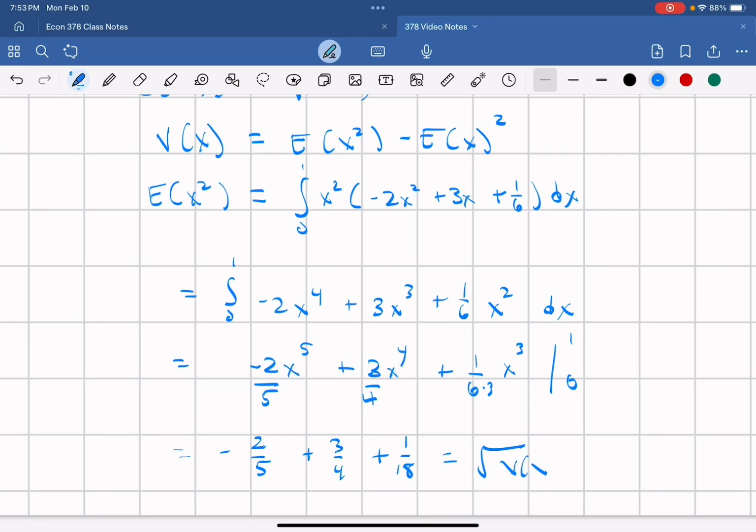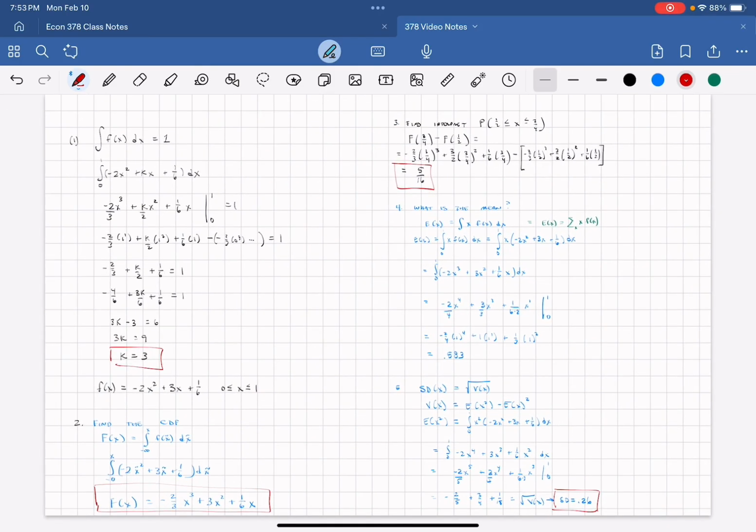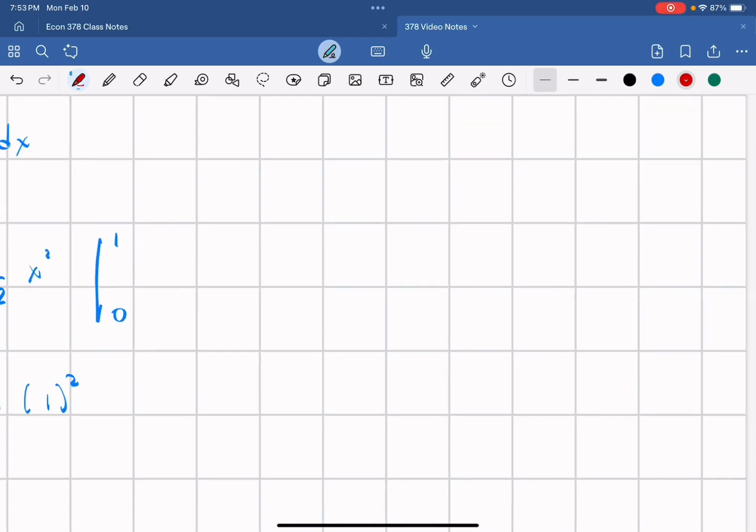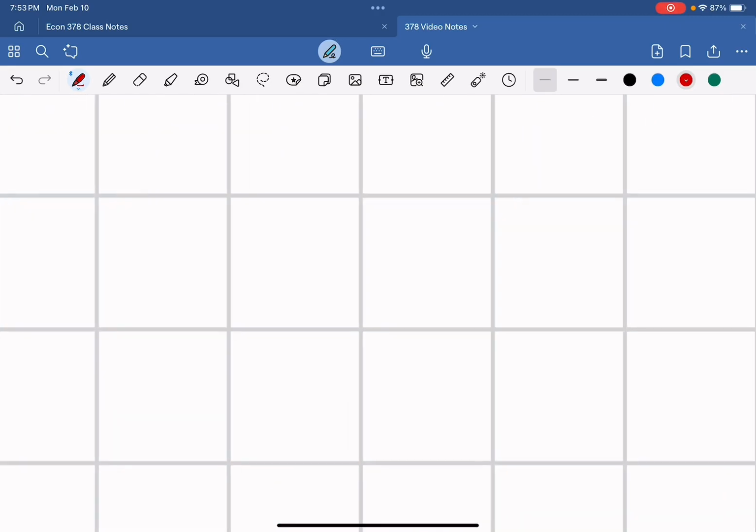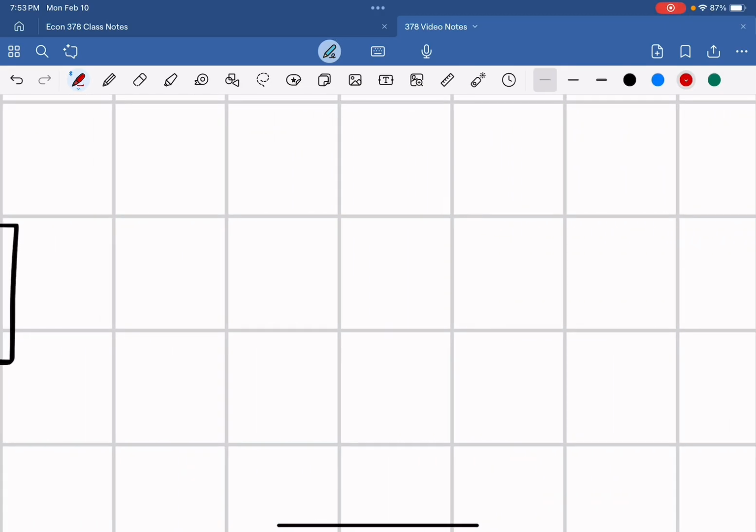And so we'll now take the square root of that to find the standard deviation, and that will equal 0.26. So there we found the standard deviation of x. Now we just need to do one last thing, and we'll do it over here. We want to know the expected value.